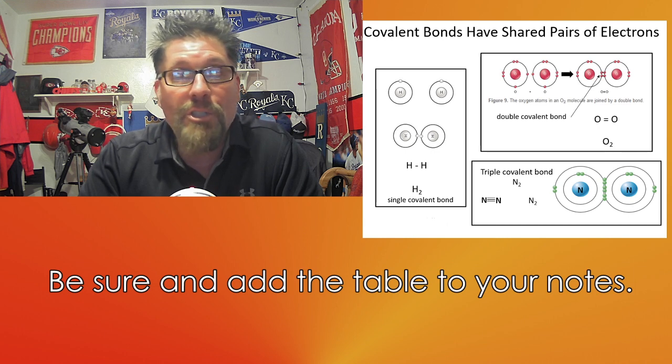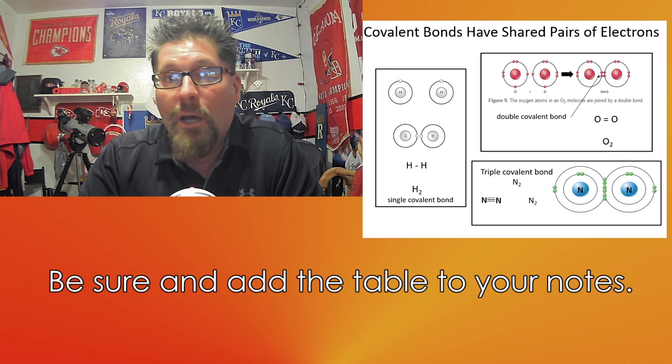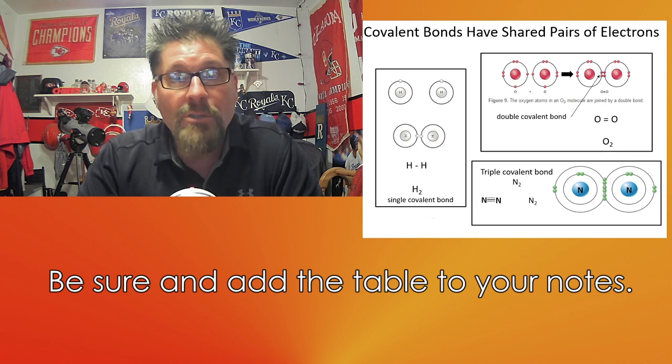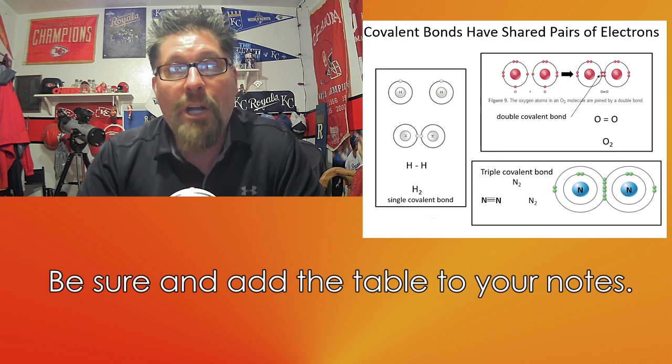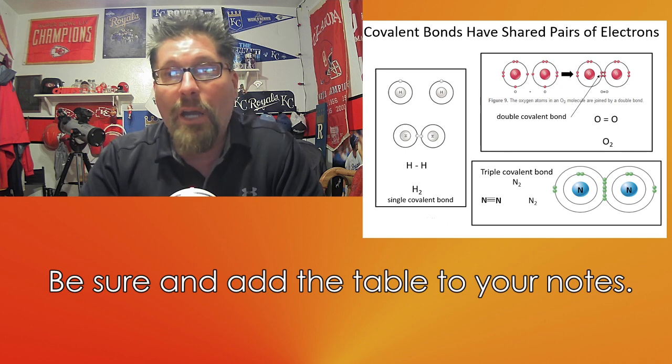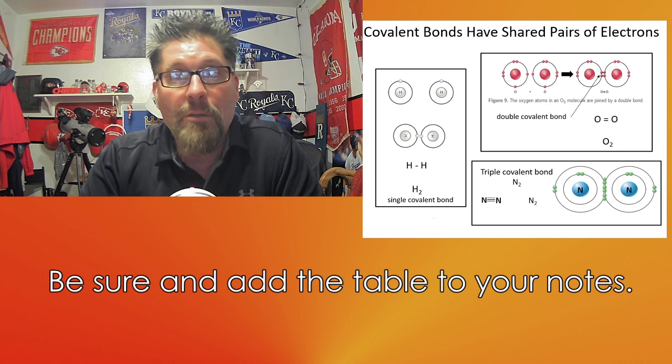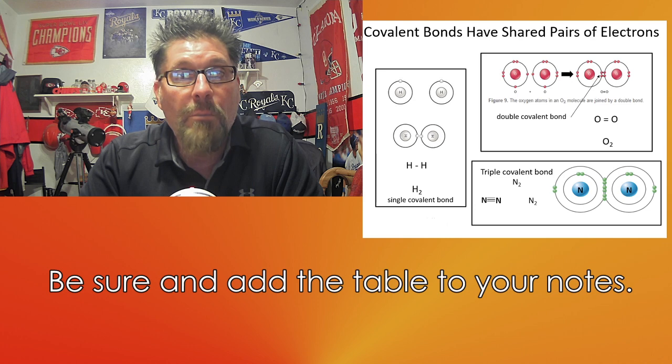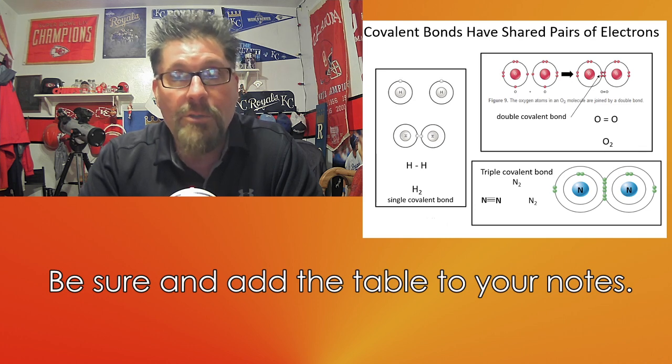So an oxygen atom has 6, it needs 8. Another oxygen atom has 6 and needs 8, so it can share the 2, and then each of them would have 8. And we previously talked about how to count those, so you can mentally count those to understand that. But most covalent bonds are bonds between 2 of the same atoms, and they form gases when that happens.